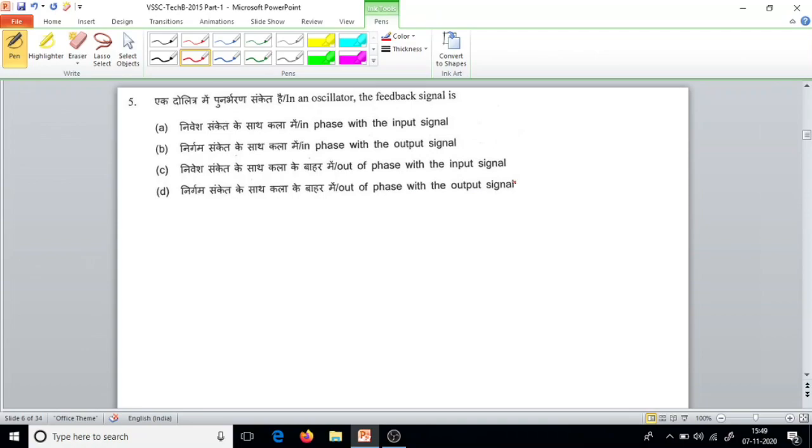To make an oscillator, if this is our input, our feedback also should be in the same phase, then only the circuit oscillates. So the answer is in phase with the input signal.